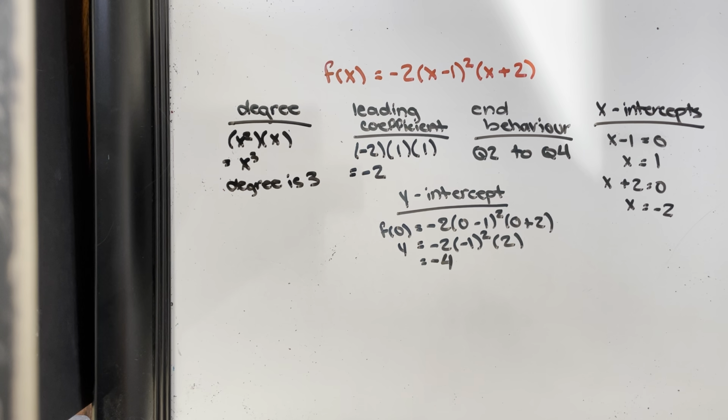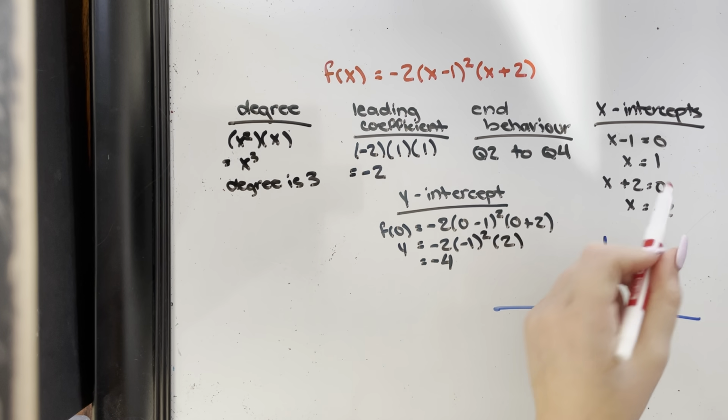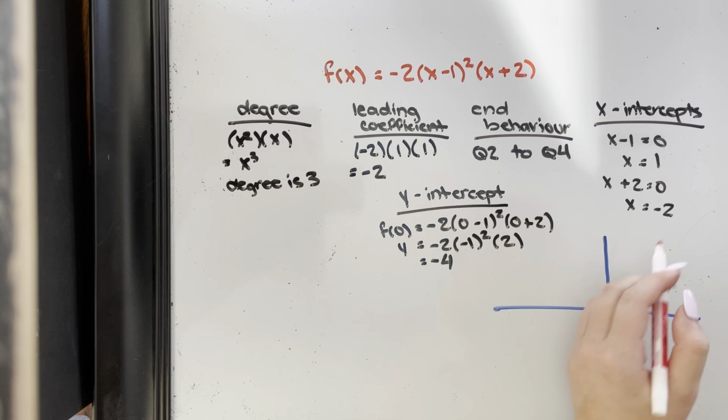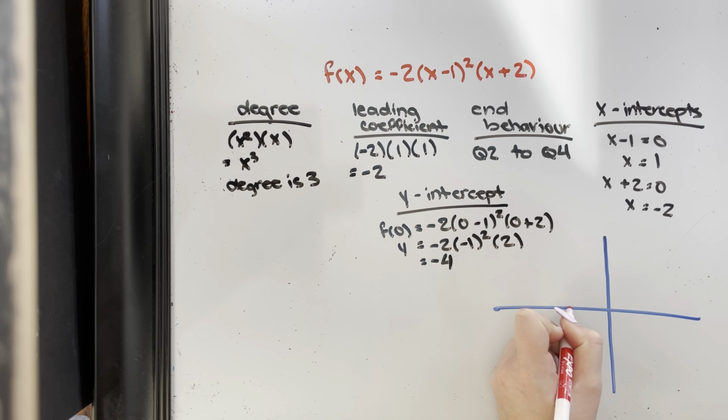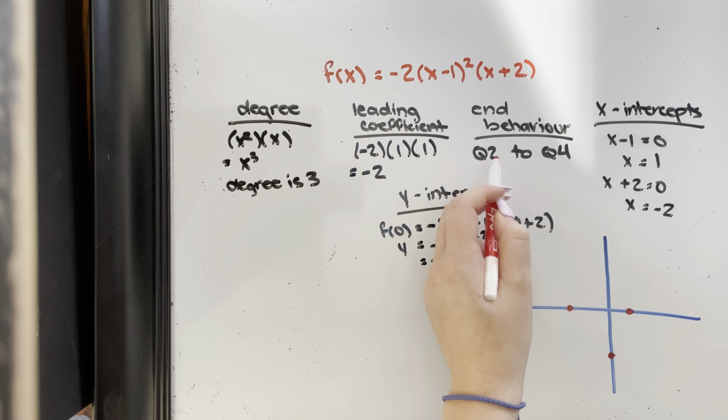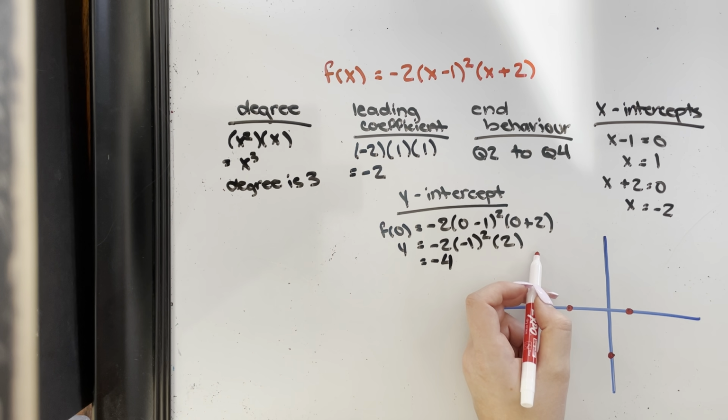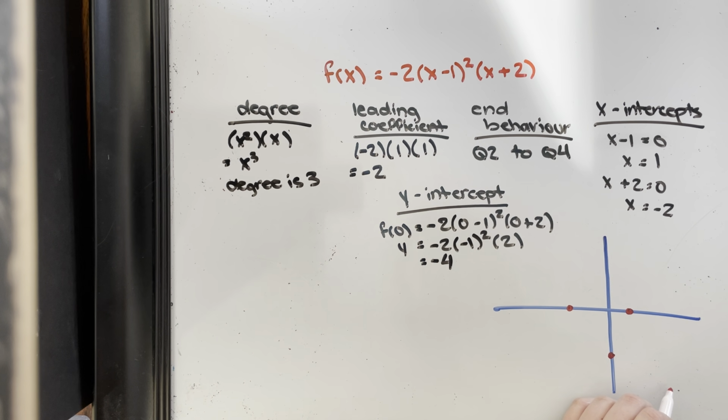So now we are going to graph. Okay, so first we're going to plot our x and y intercepts. So we have one at -2 and we have one at 1. And then our y-intercept is at -4, which would be around there. Okay, so it's going to start in this quadrant here, quadrant number 2, and end in quadrant number 4.